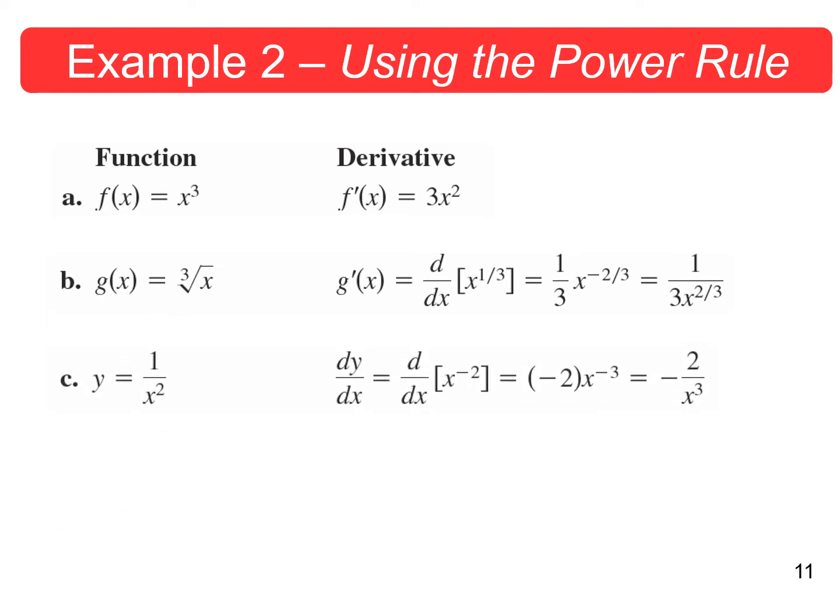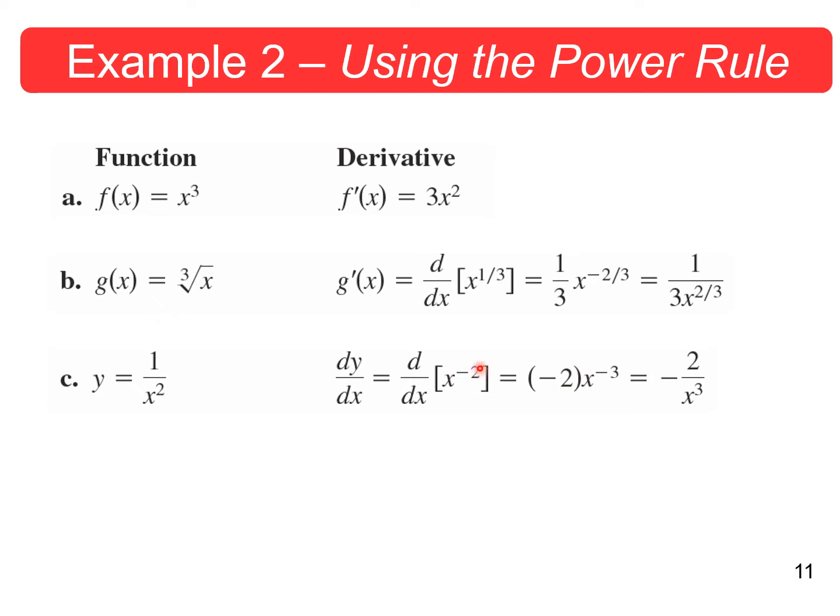Another example, let's differentiate 1 over x squared. Now we still can use the power rule here if we rewrite 1 over x squared as x to the negative 2. So if you see something like this, you can just rewrite this as x to the negative 2 and then use the power rule to get the derivative. Differentiating this with respect to x and using the power rule, you get negative 2.